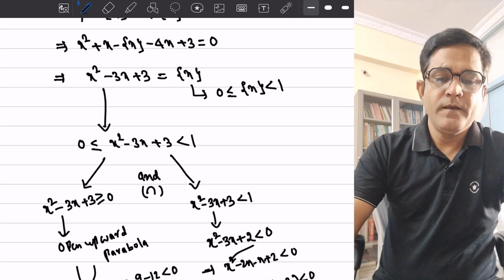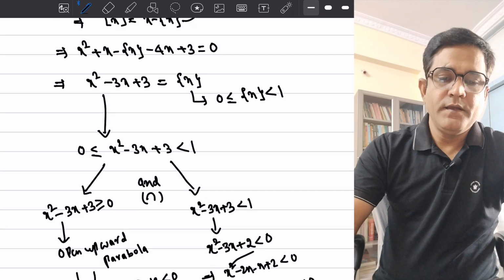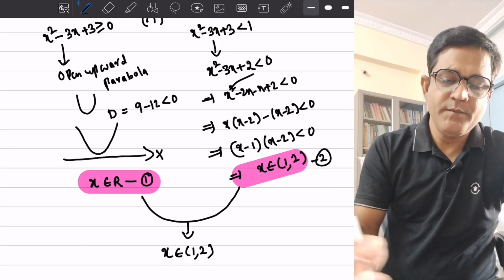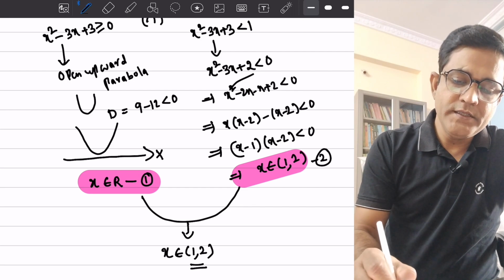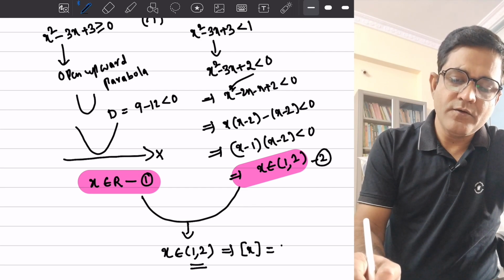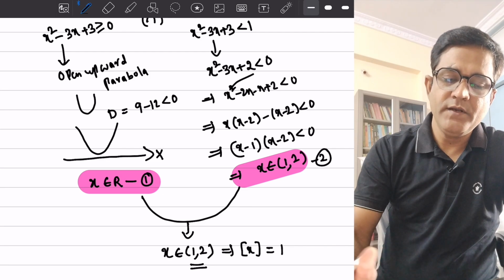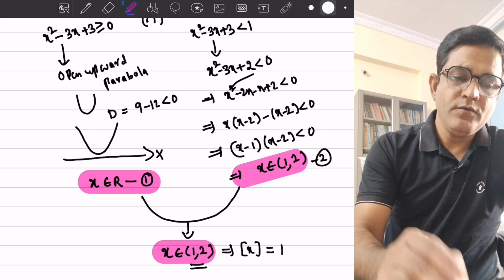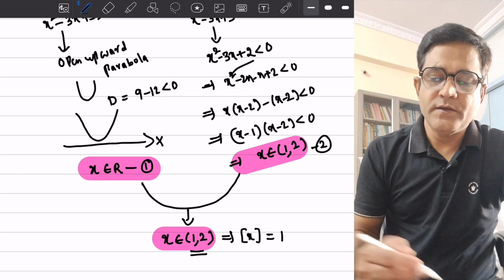But see here, we got x lying in the open interval (1, 2). In this interval, what is [x]? [x] is equal to 1. Our x range is 1 to 2, therefore in this interval [x] = 1.